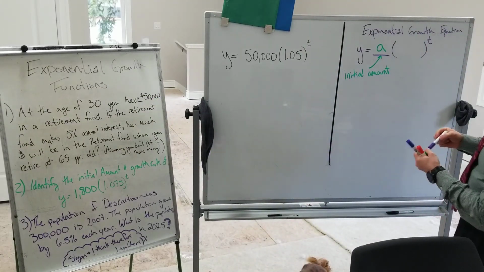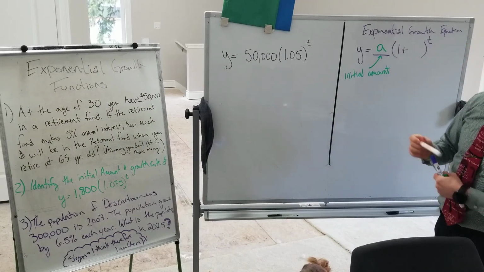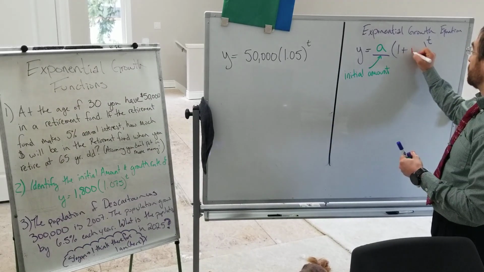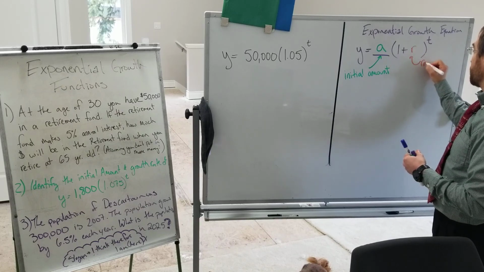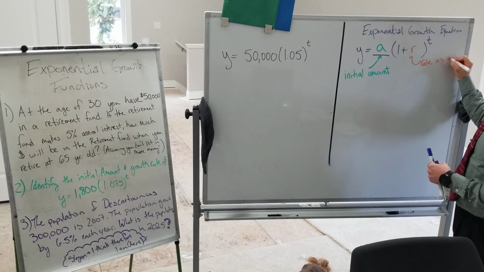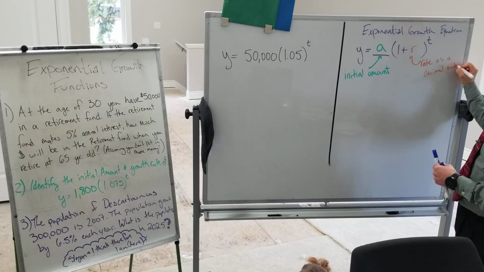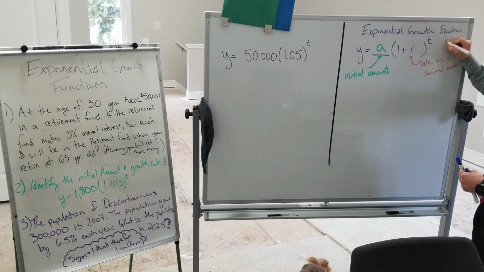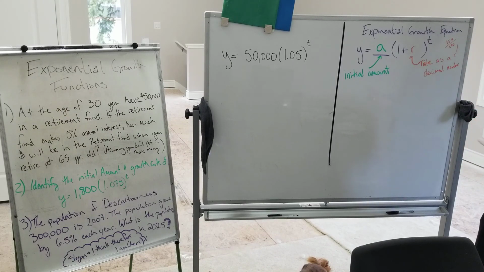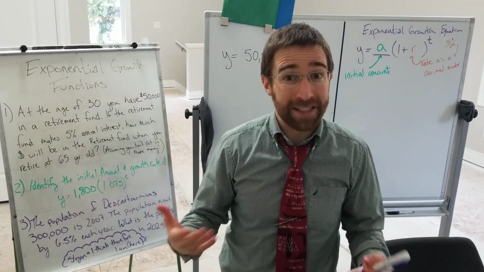And then it's going to be 1 plus r, where r is the growth rate as a decimal number, which means it's the percent number divided by 100. And then t just represents the time. We've always got to have that exponent t up there to say how many times we're multiplying.